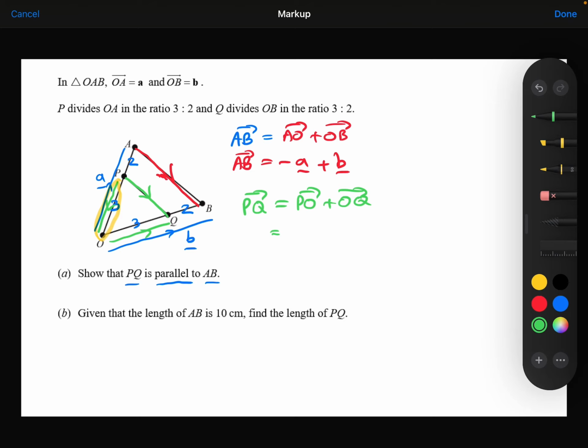This is only 3 parts, it's 3/5, and it's also in the opposite direction, so it's going to be minus 3/5 A. The O to Q, again, this is going to be 3/5 of the vector B in the same direction, so positive.